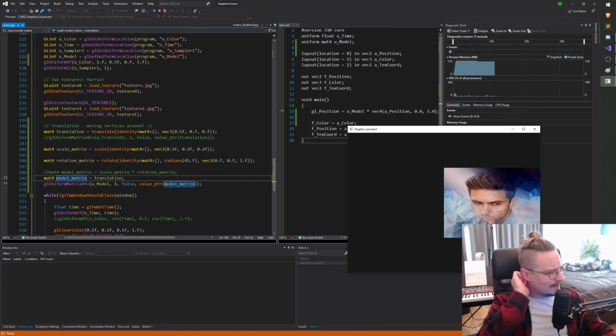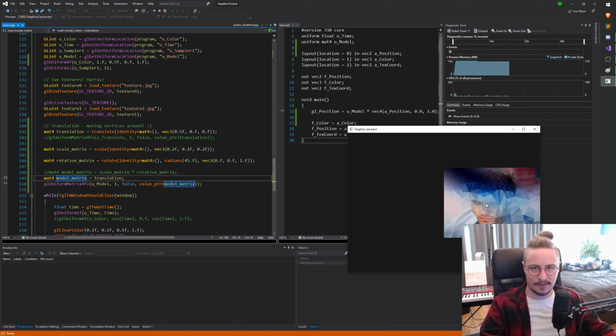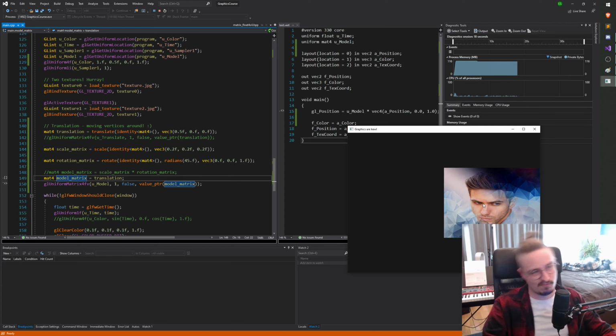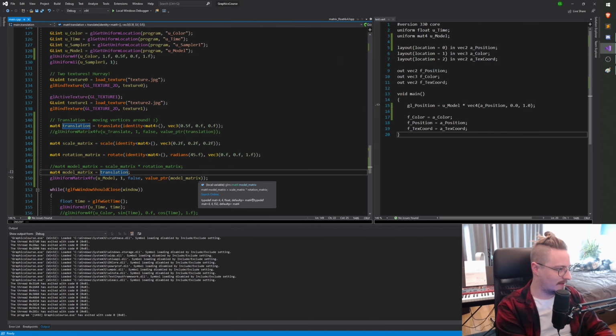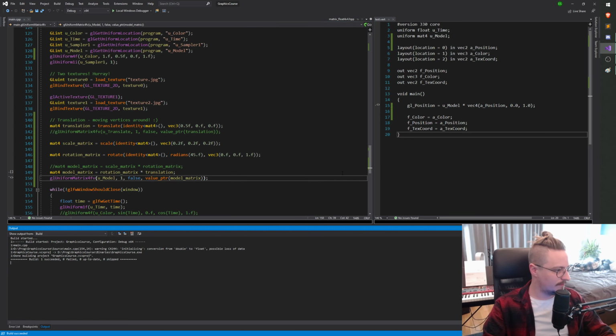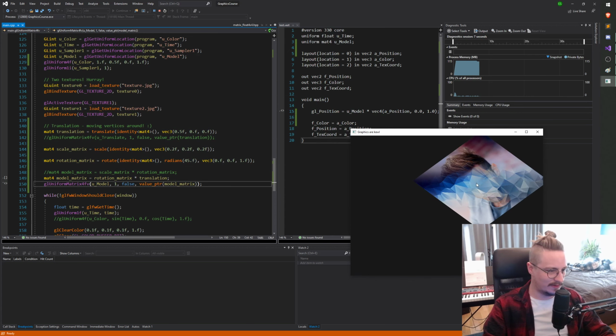So let's just try to rotate it. Okay, let's move it out and rotate it by 45 degrees. So I'm just gonna do rotation matrix times translation. Let's see what happens. Okay, so that's kind of weird. It went up to the right.